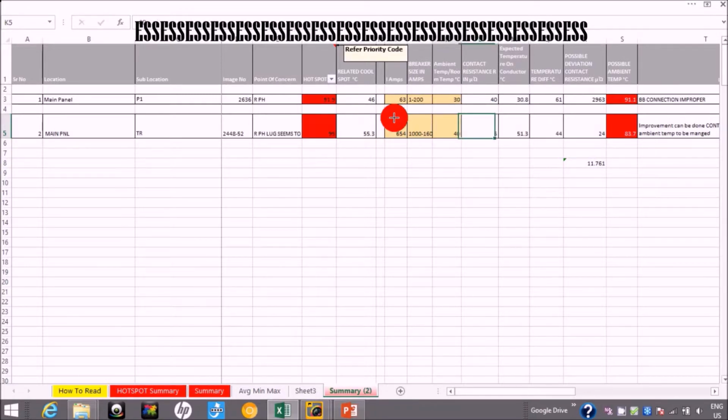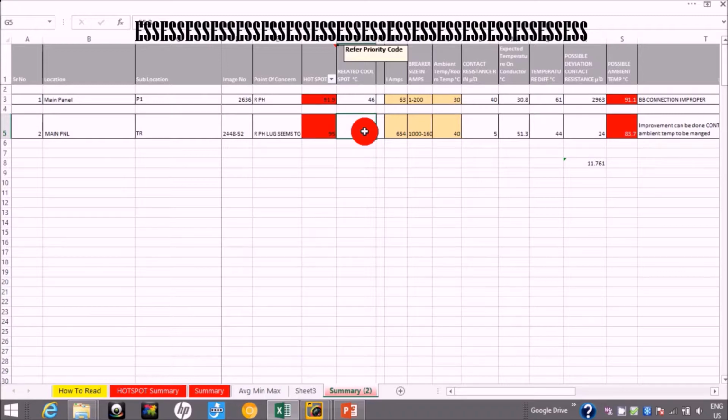If we expect a 40 degree ambient, then the expected temperature on the conductor is 51. Got the point? The temperature is 51 here, that is expected. So 55 is what we have seen on a neutral conductor.